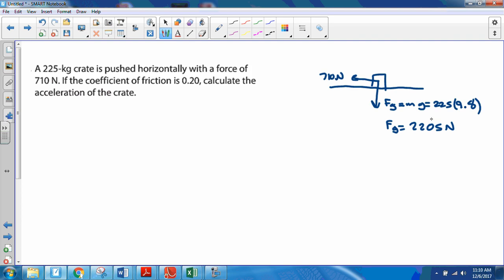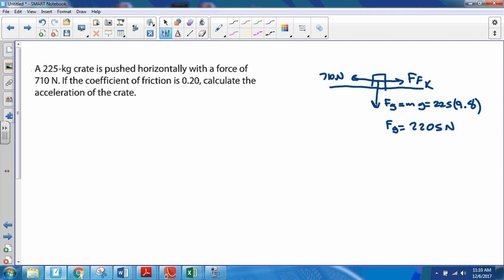Okay? So if I applied that to the left, that means I'm trying to accelerate it to the left, which means that the friction must be going to the right. It says it's accelerating, so I'm going to imagine this is probably Ff.